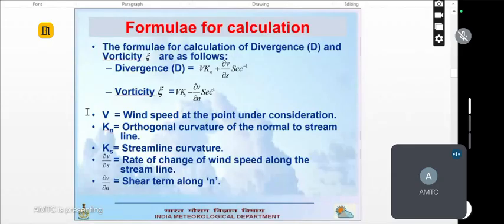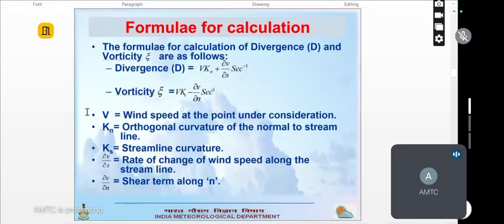Okay, so what do we want to know? One is that orthogonal curve portion. Next is the rate of change of speed. Now the streamline is giving you divergence, a measure of the expansion or convergence, or vorticity, which tells you how the streamline is curving because it's the curl of the wind vector.